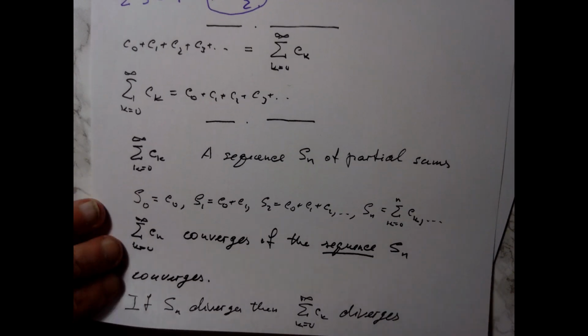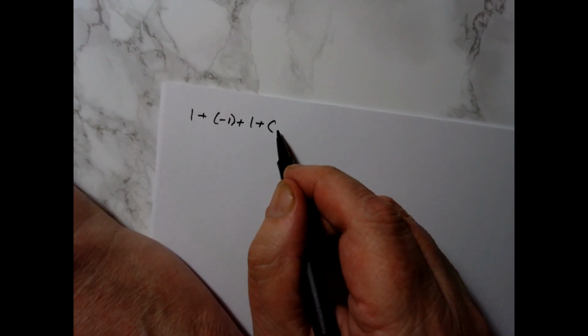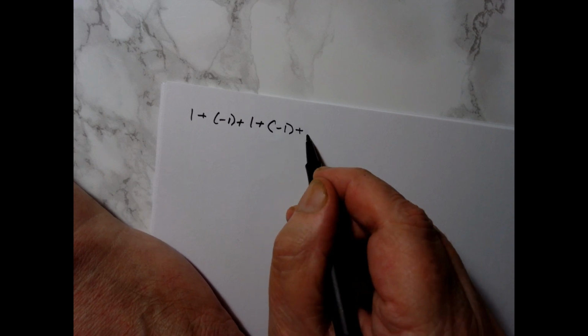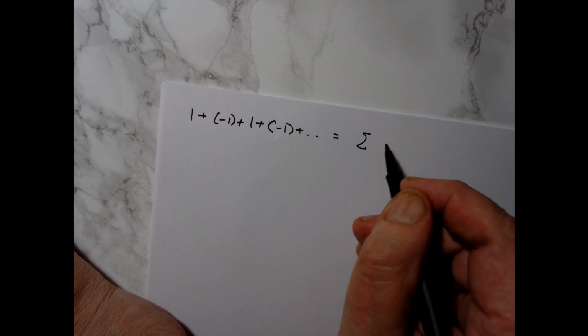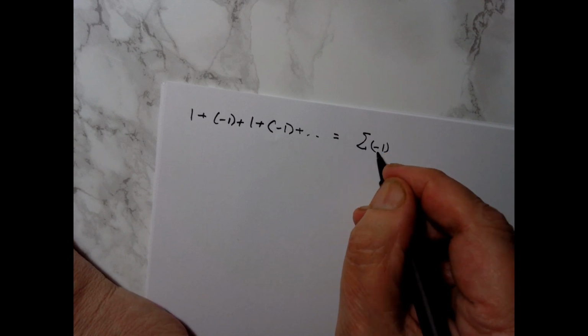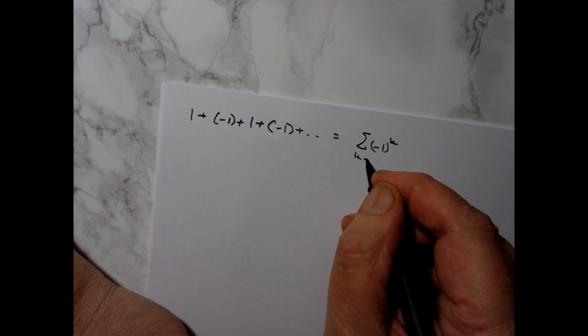Okay, so let's check it just for fun. If I start out with the series 1 plus minus 1 plus 1 plus minus 1 plus etc., this is the same series as the sum of minus 1 to the power k, k from 0 to infinity.